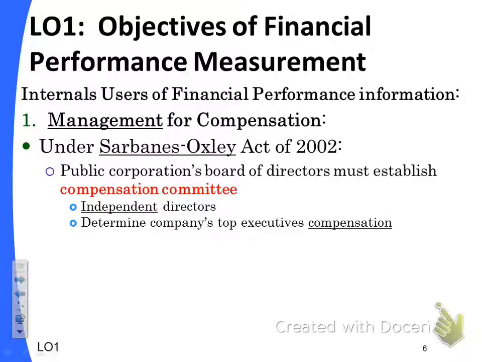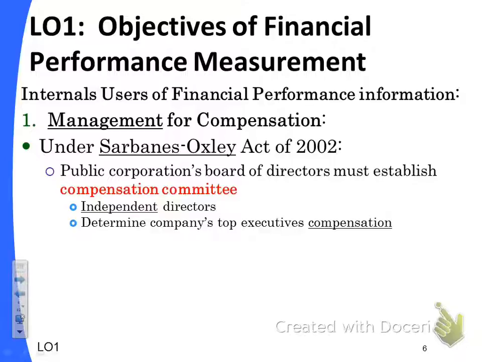Some companies' management teams, in order to make their financial objectives, might do unethical things so that they would be rewarded. Under the Sarbanes-Oxley Act, it sought to take away some of those incentives because the independent auditors have to come in and sign off that they are in adherence with the law, that they're not doing anything unethical, and the top executives have to also sign off on it.